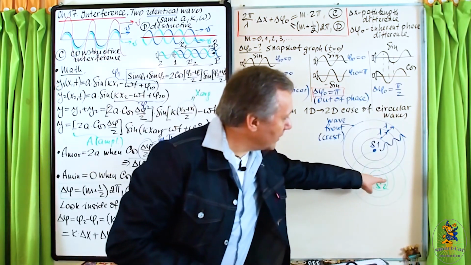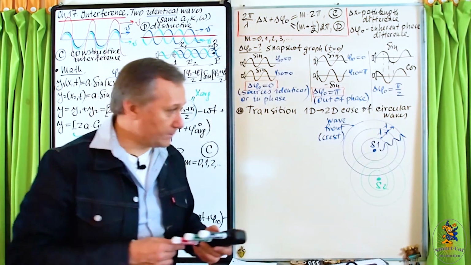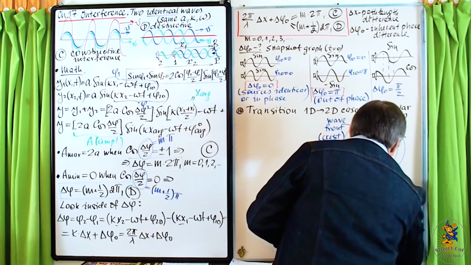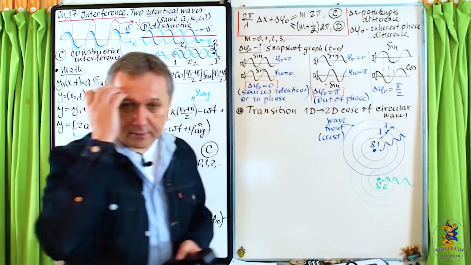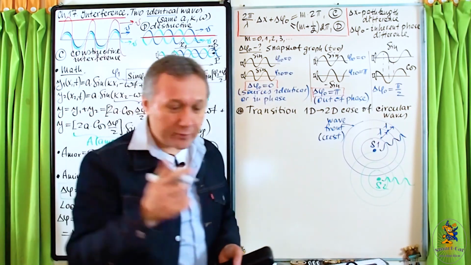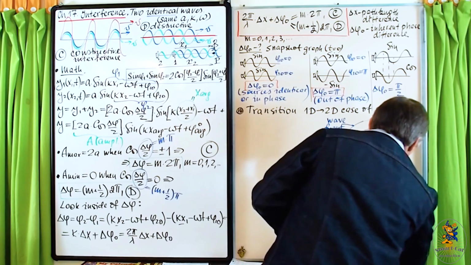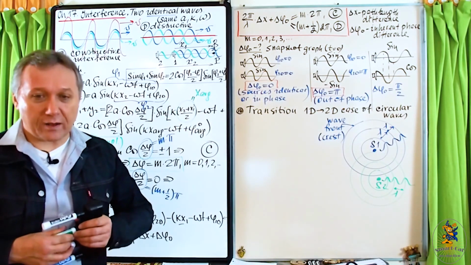And here the same, lambda, lambda, lambda, because again, we're discussing identical waves. So here also I can draw crest, trough, crest, trough. And the distance between wave fronts, again, is lambda.